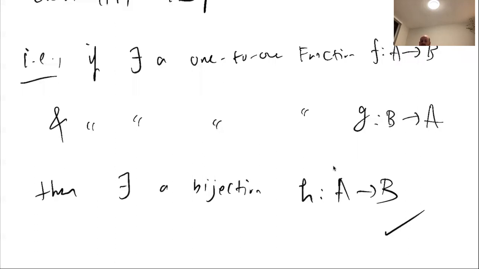If you have two one-to-one functions, one from A to B, one from B to A, then you will have a one-to-one and onto function from A to B.